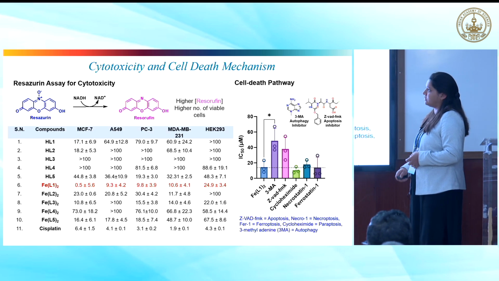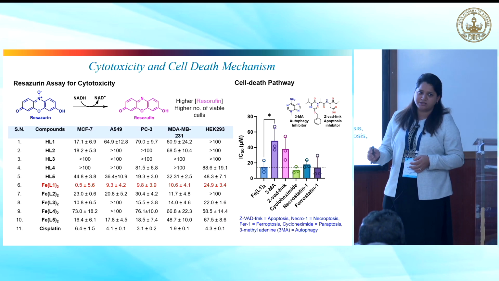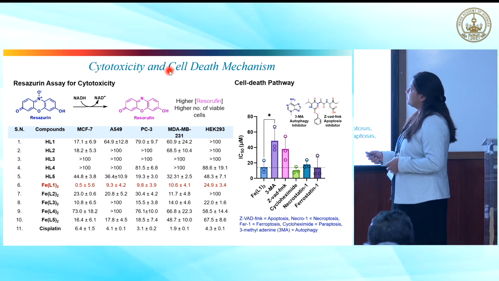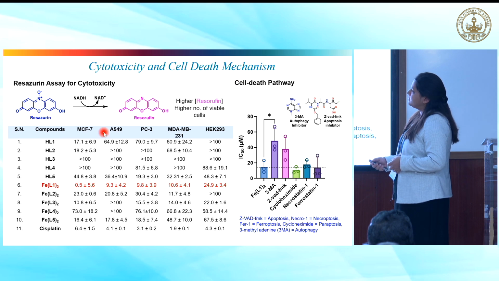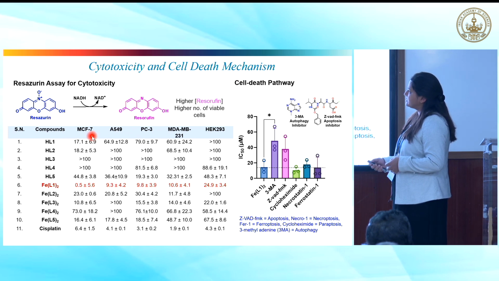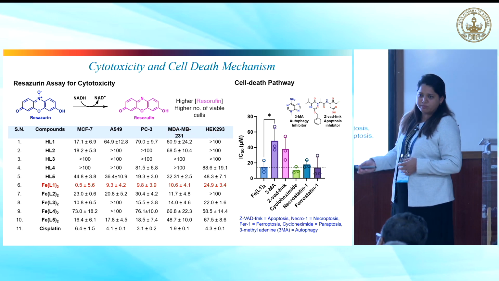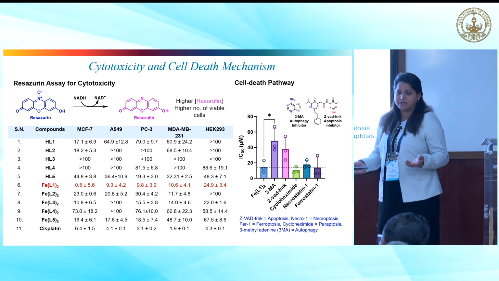these nanoaggregates. Once we had the characterization of these compounds, we moved ahead to do the cytotoxicity and the cell-based cell death mechanism. We did this study in 4 different cancer cell lines: MCF7, which is a breast cancer cell line, A549, which is a lung cancer cell line, this is a prostate cancer cell line, then this is a more aggressive form of the cancer cell line, and this is healthy, just to make sure that our compounds are not acting as a poison.